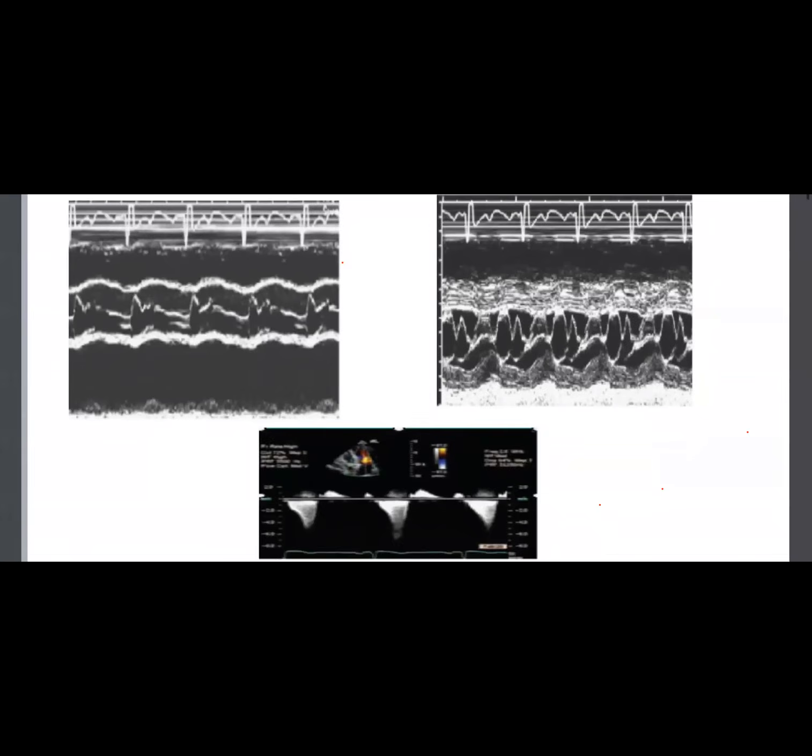Okay. So what do we see here? Now we have two M mode signals on top, and a CW signal at the bottom. For the same condition, 3 signals means 1 diagnosis. That diagnosis is... Coarctation of the aorta?